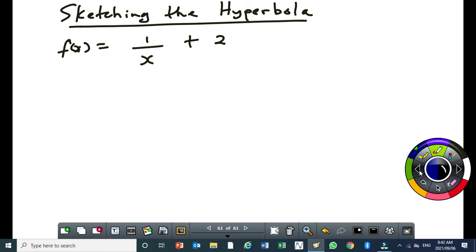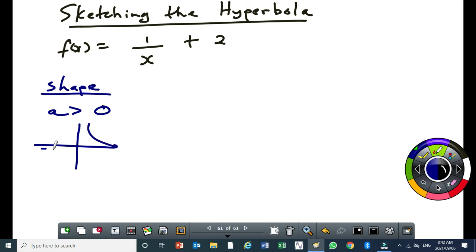Now before you sketch, you need to know the shape first. So the shape A, which is the numerator of that fraction part, is positive. So the shape looks like this. You have the curve in the first quadrant and another one in the third quadrant. Right? So that's my shape there.